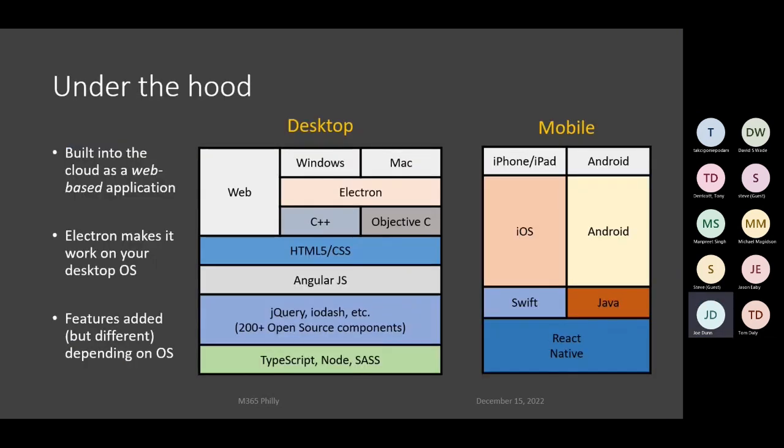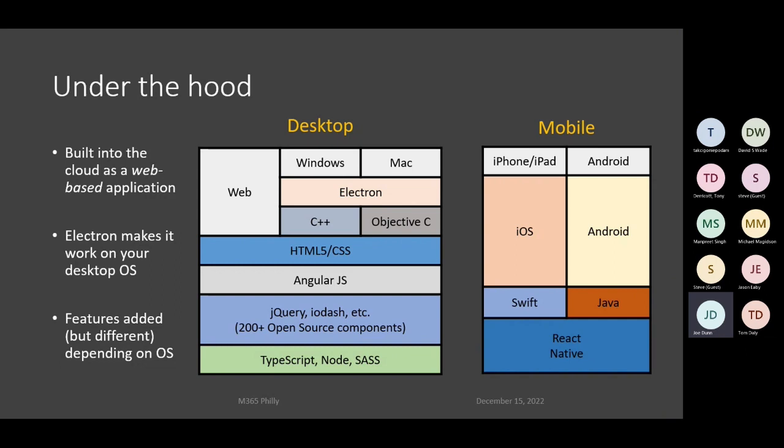Just to talk about the programming of Teams for a second, right? It is a web-based application in that it's based in the cloud, uses all the services that Microsoft 365 can pump into it. And this is how they coded it.